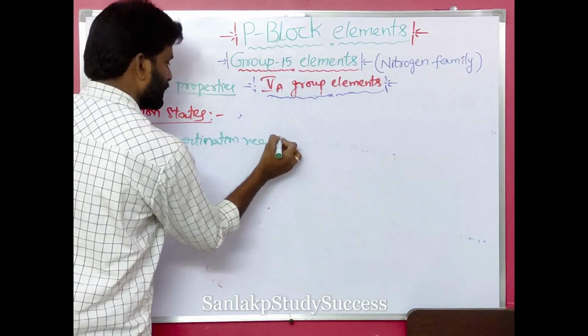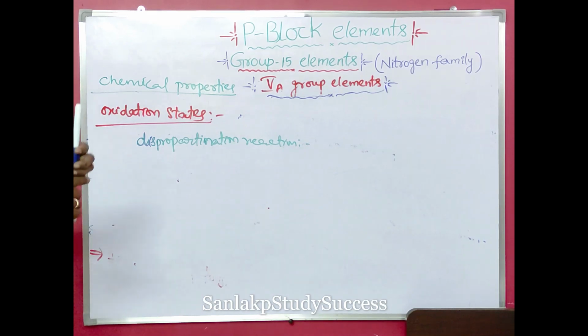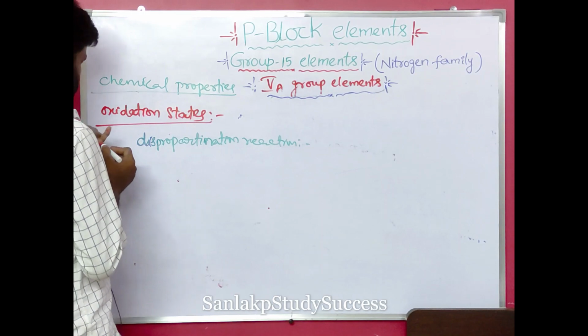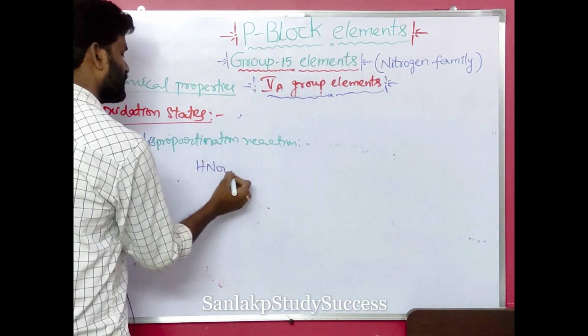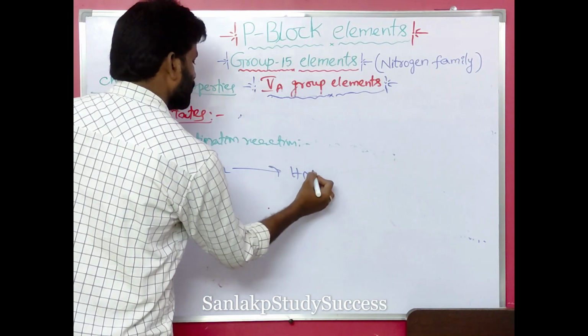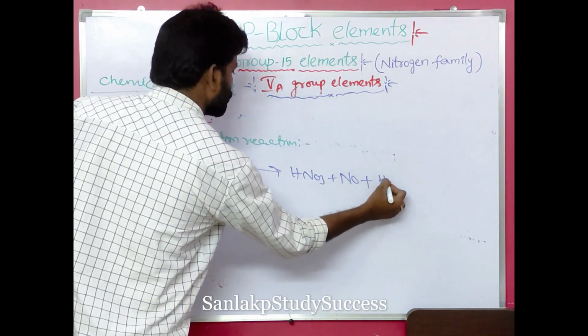In this disproportionation reaction, we can take nitrous acid, which gives rise to HNO3 plus NO plus H2O.